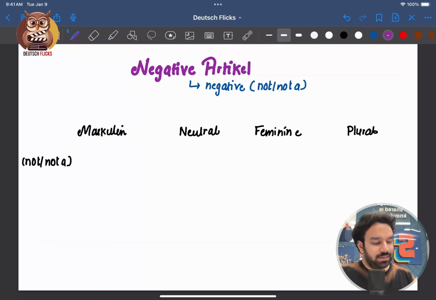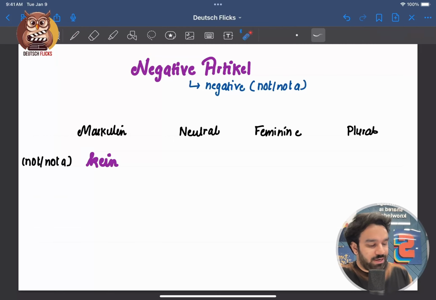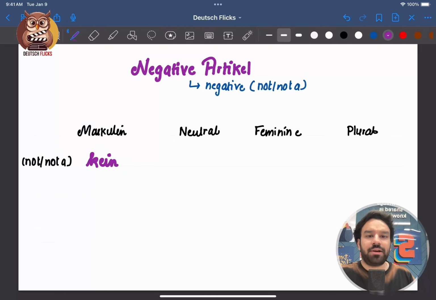For masculine, it's called kein. Kein. So we are taking ein and then appending the letter k. For neutral, the indefinite article was ein again, right? So I'll just append k. Kein. For feminine, in the case of the indefinite article, we had eine. So again, I'll append k to eine and it becomes keine.